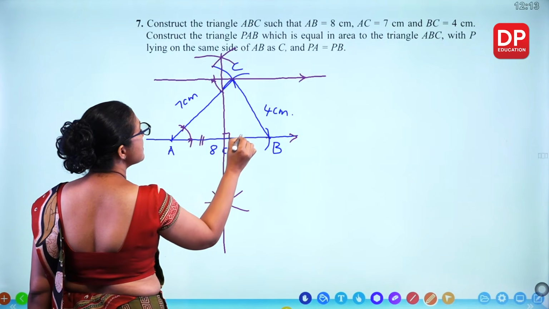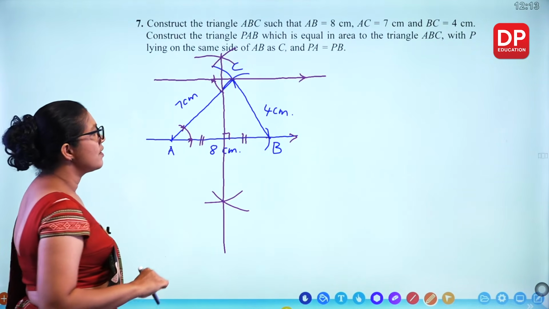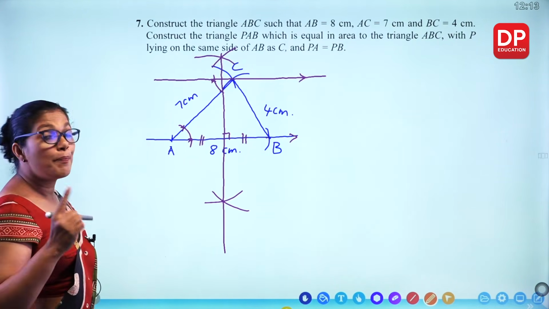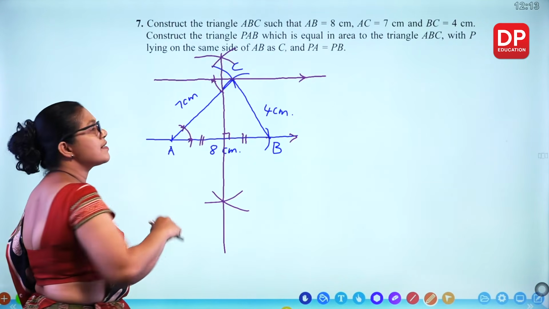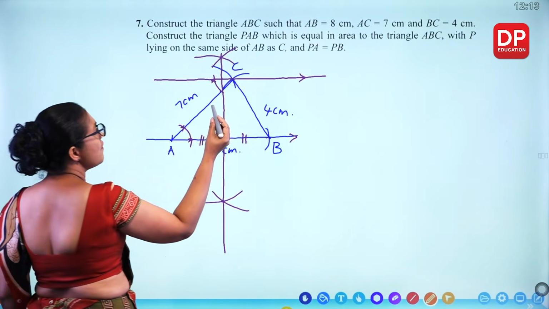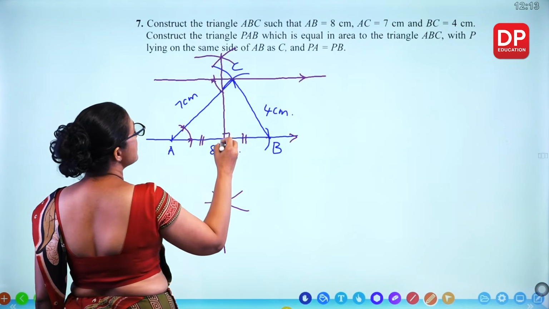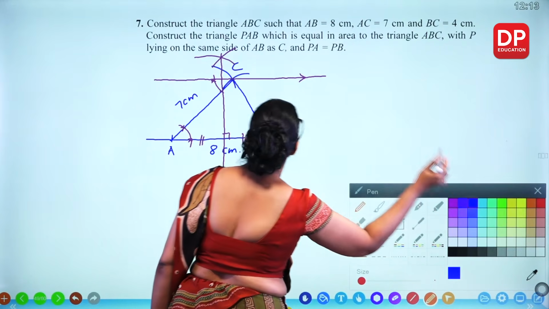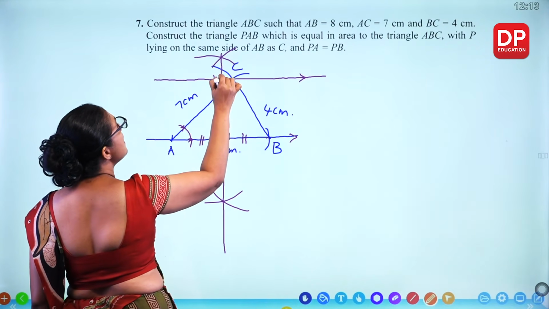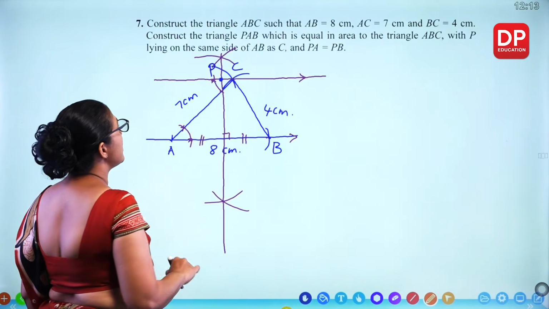So that means this distance is equal to this distance. So P should be on the parallel line passing through C. So definitely this point. This should be the P point.